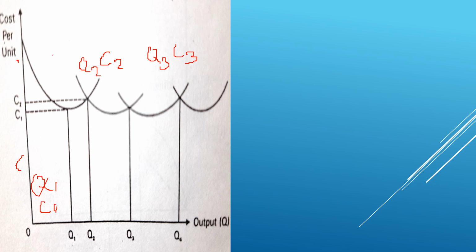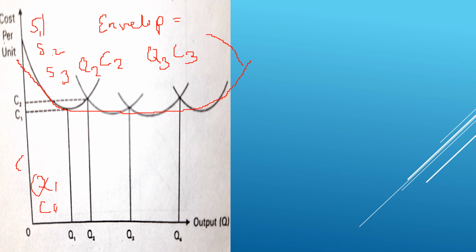If all the short run average costs are added, it looks like this. You add all the cost curves over short run time periods, suppose one time period is S1, another is S2, the third is S3, then all will be added, and you find the long run average cost curve, which is called the envelope curve.